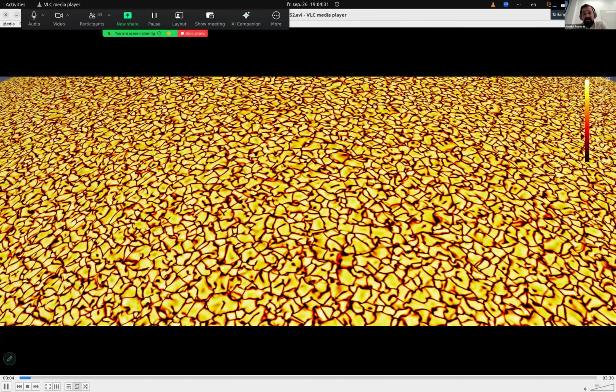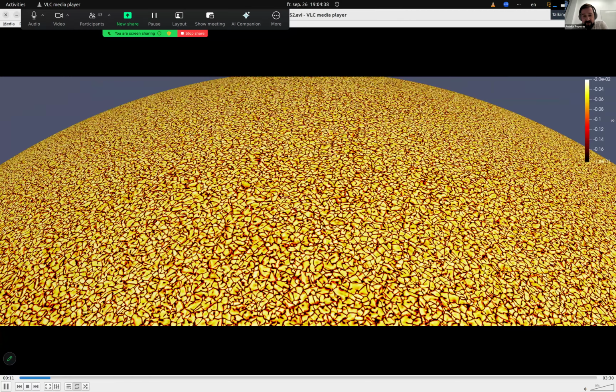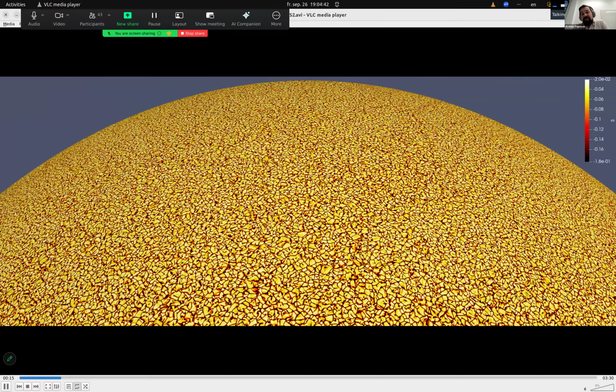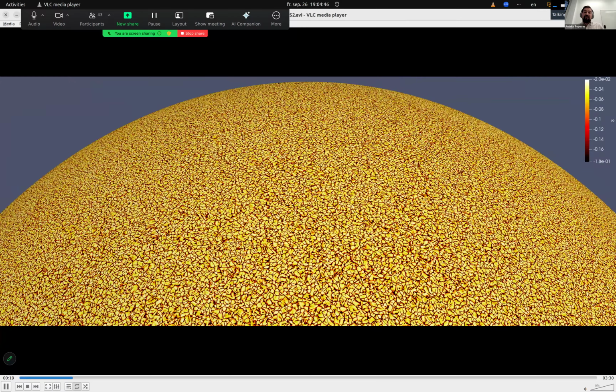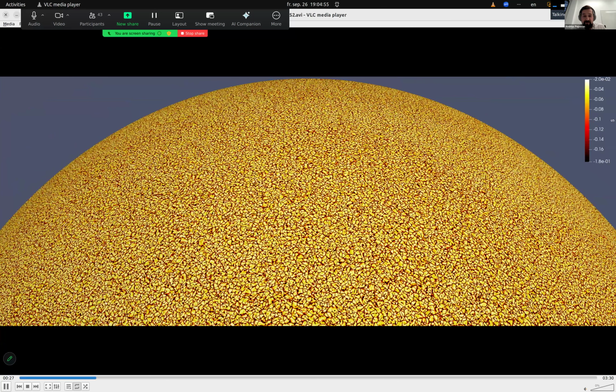This is at 99.8% of the solar radius, so convective cell sizes are slightly larger than at the surface, but they still behave exactly as they should, and the typical size is around 5 megameters. Typical convection velocity is around 1, maybe 2 kilometers per second.